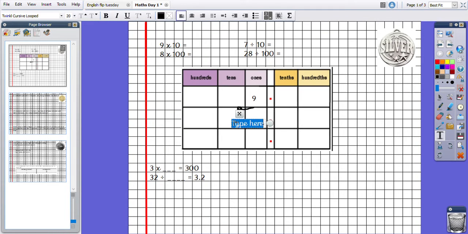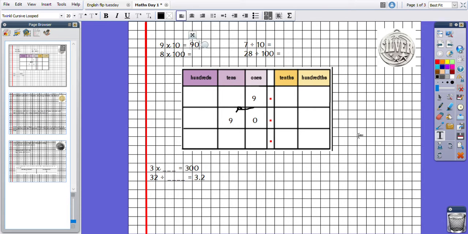So my 9 goes into my 10s column. Now I have nothing in my ones column, but if I didn't put any digit in this column, my number 9 would just fall down. So I need a placeholder, which is 0. So 9 times 10 would be 90.